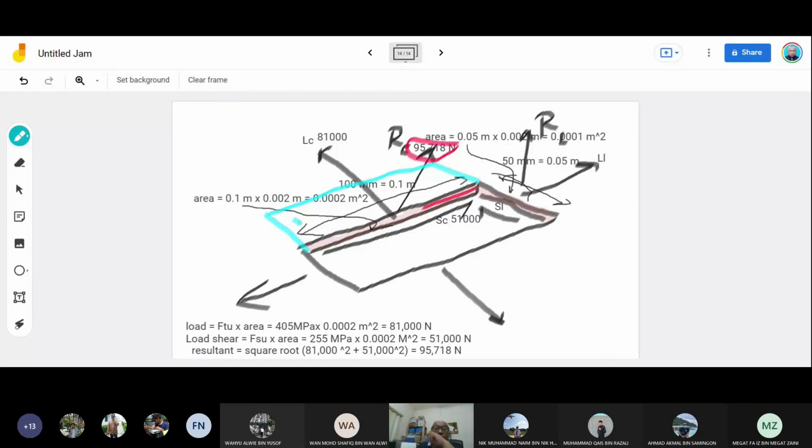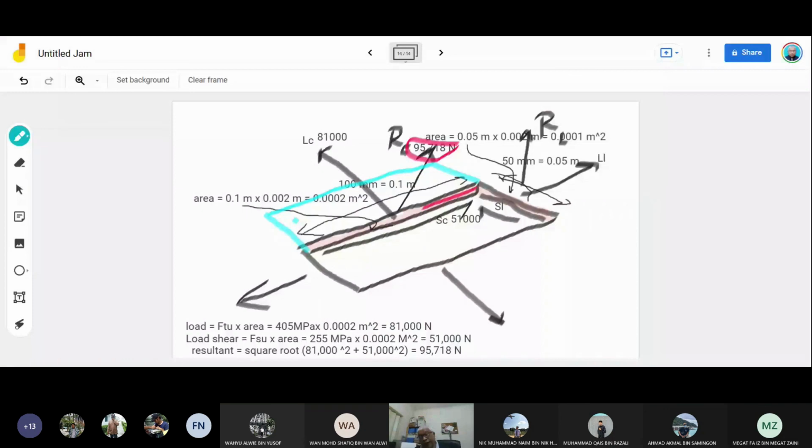In general, the doubler will cover everything, but where the load is concerned, the doubler over this area needs to carry 95,718 Newton. That's how much load will be carried by the doubler over this area, and the doubler over this area is also the same. Here is nothing, it is empty. You don't carry anything. Whatever doubler you have only covers the area.